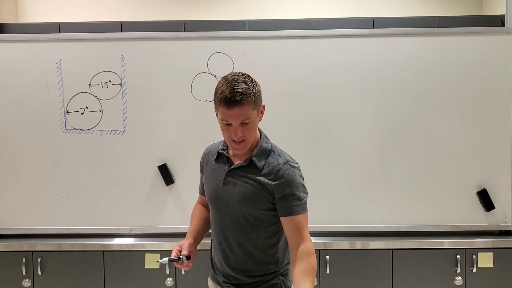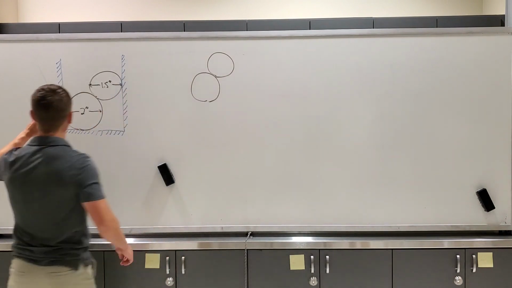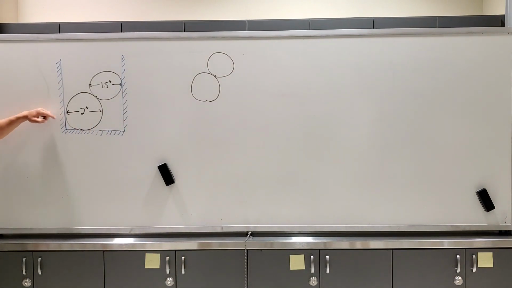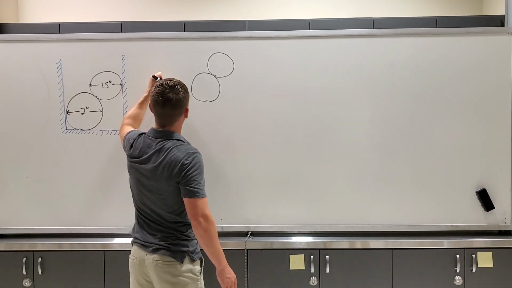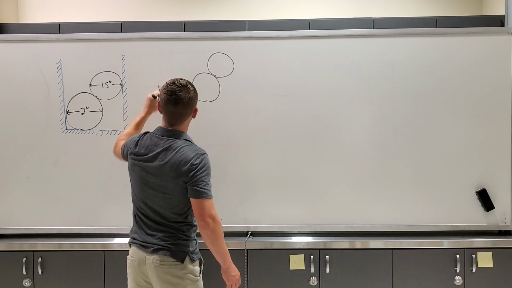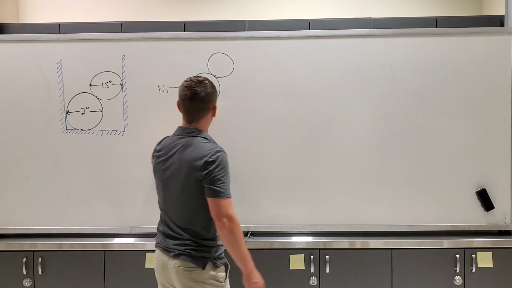I want to be consistent with your notes here. The first contact force is at the location where the 2-inch ball bearing contacts the left wall of the container. I'm going to label that N1, normal force 1. The contact point where the 2-inch ball bearing is in contact with the bottom of the container, I'm going to label as N2.